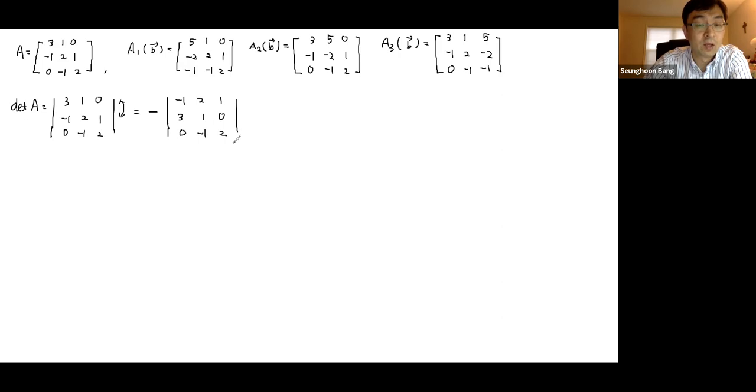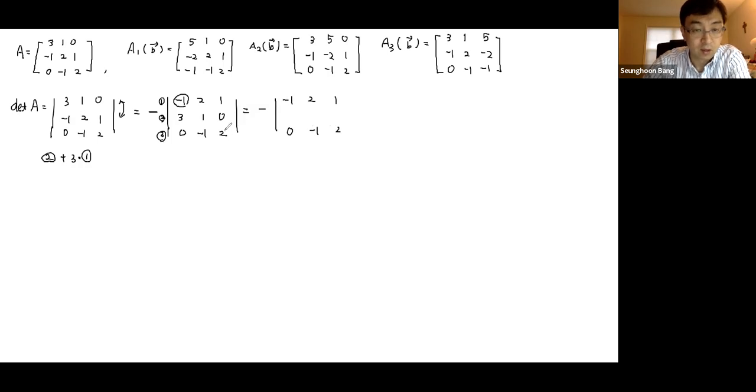The next, you can choose -1 to eliminate 3. This is the first row, second row, and third row. We use second row plus 3 times first row. Keep -1, 2, 1, and the third row, 0, -1, 2.